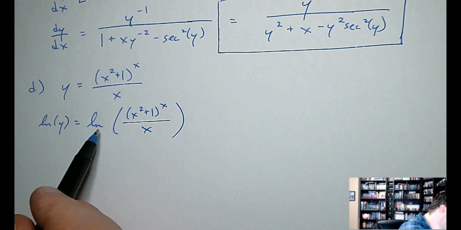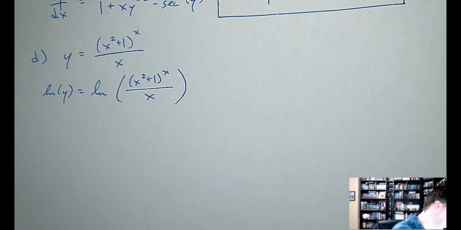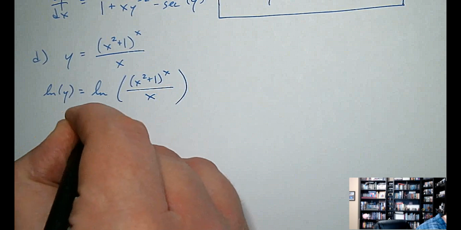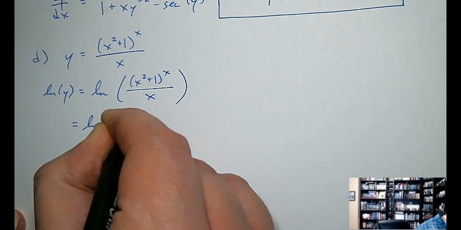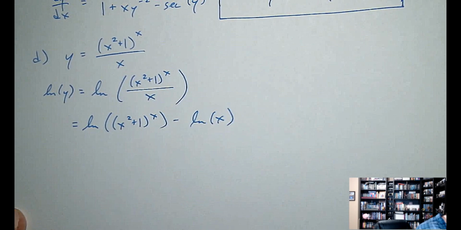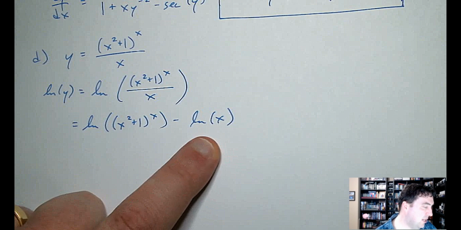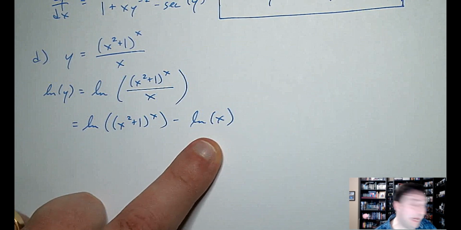So the first thing we can recognize is that we've got the logarithm of a quotient. So properties of logs tell us that the logarithm of a quotient becomes the logarithm of the numerator minus the logarithm of the denominator. And now, the second term here, that's as simple as we can get it.